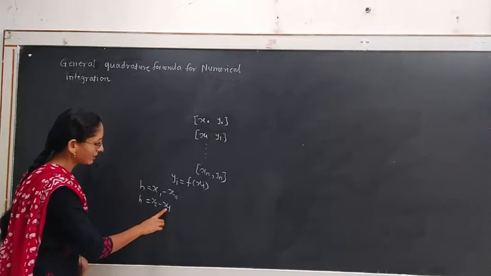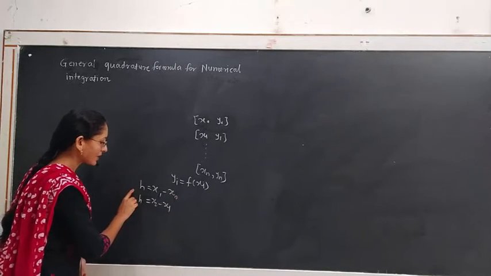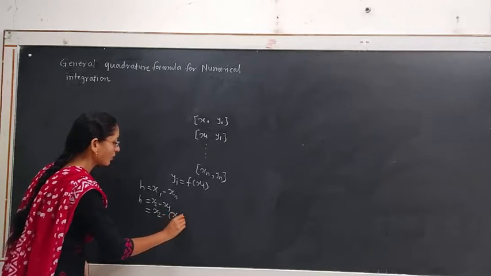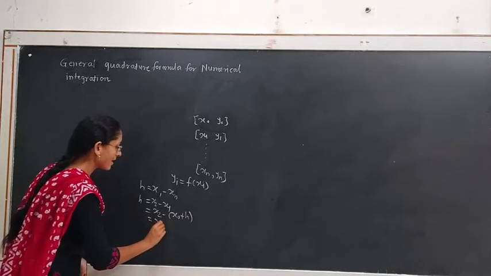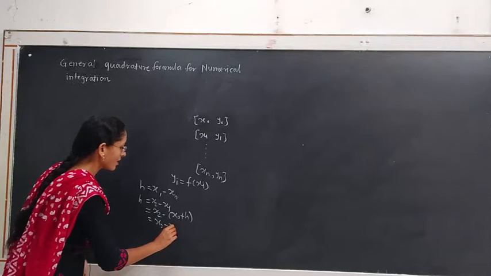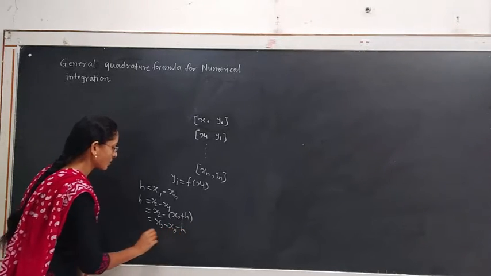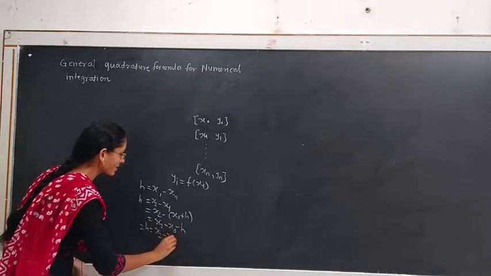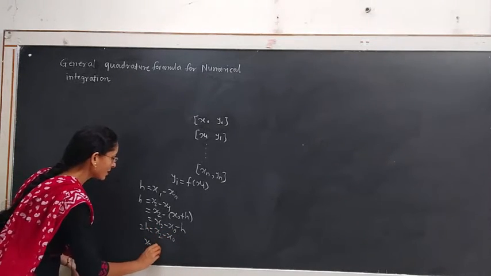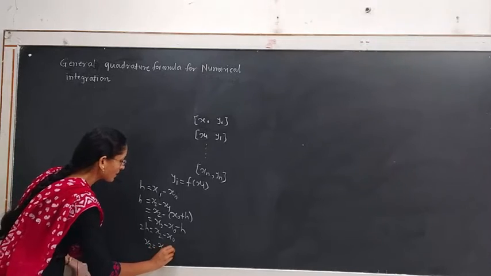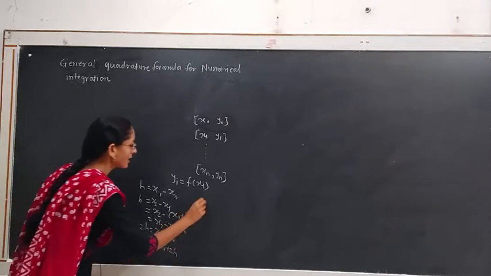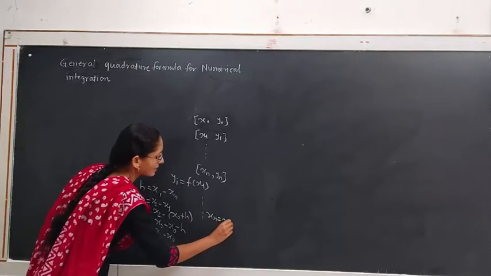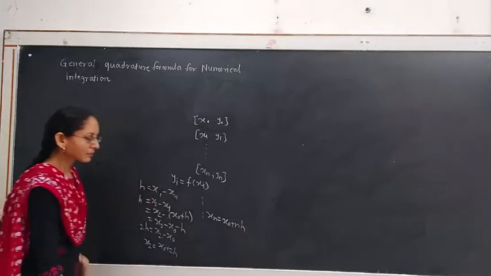The value of x1 is x0 plus h. Therefore x2 is x0 plus 2h, that is 2h is equal to x2 minus x0. In the same way, xn is obtained by x0 plus nh.